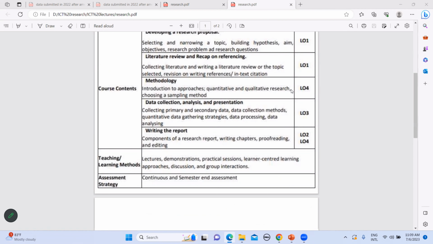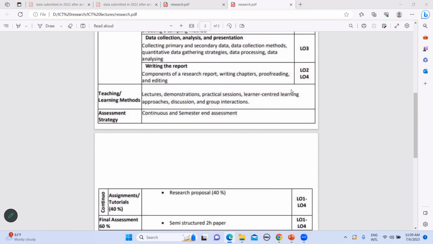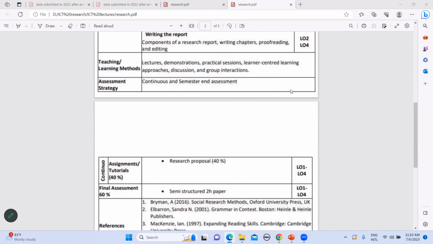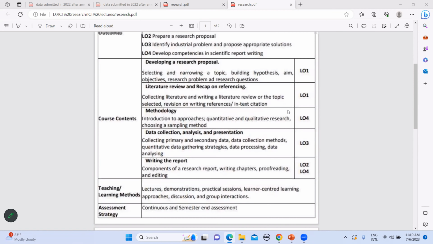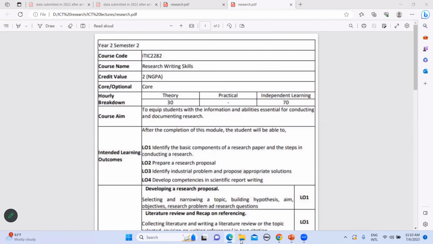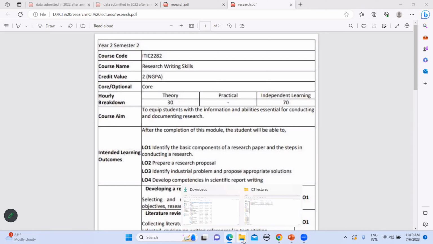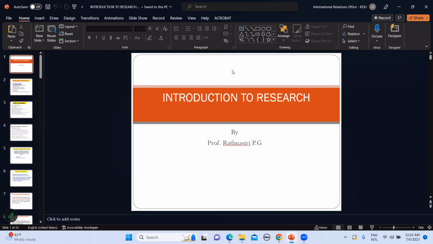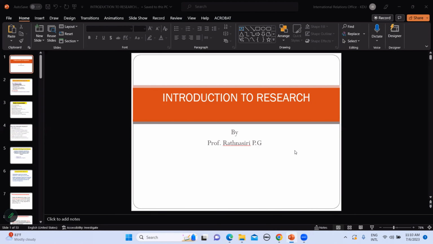Those are the things which we are hoping to cover under this module. Then you have a continuous assessment as well, right? Okay, students. So these are the things you have under your subject, right?